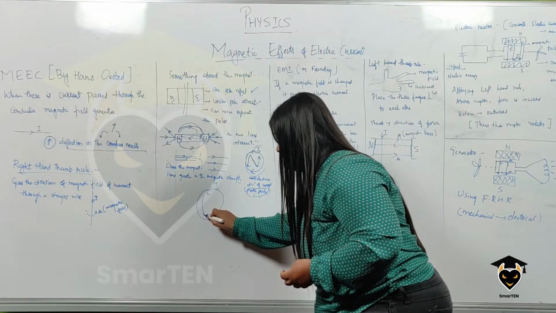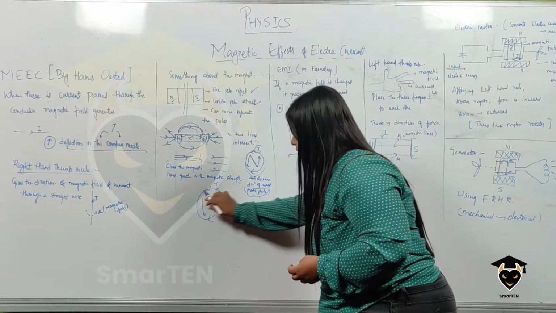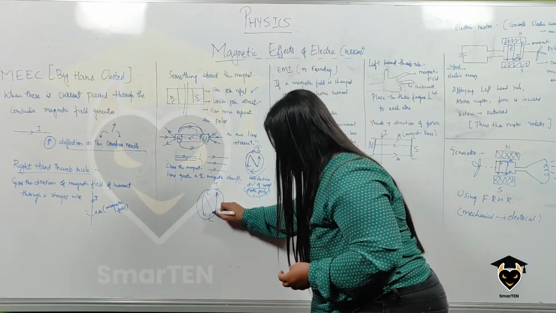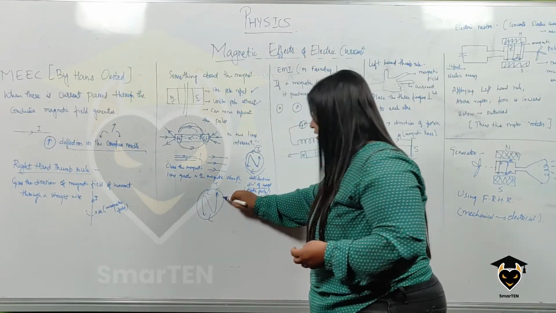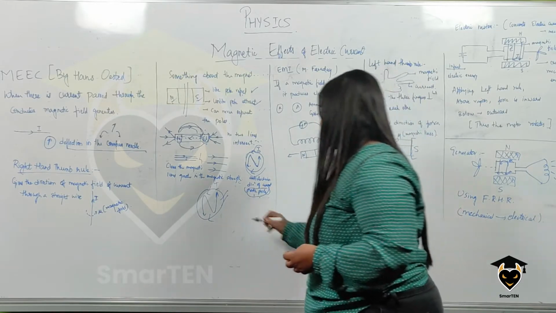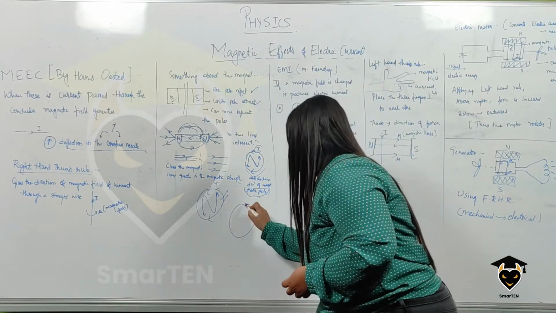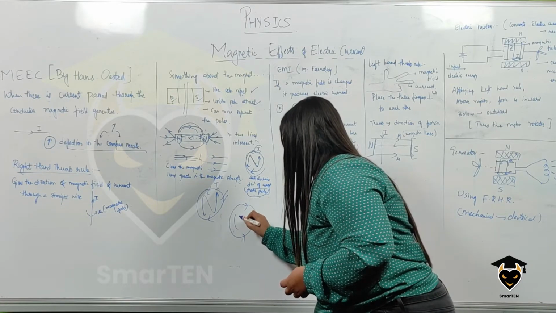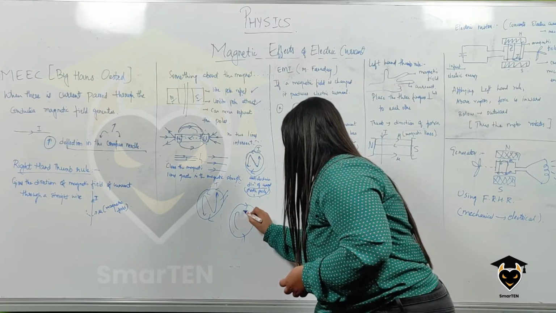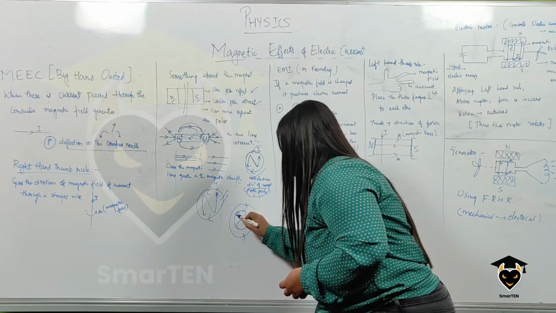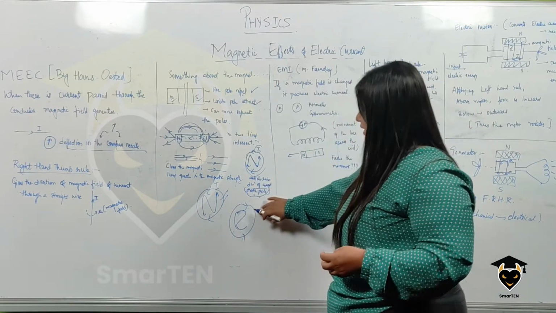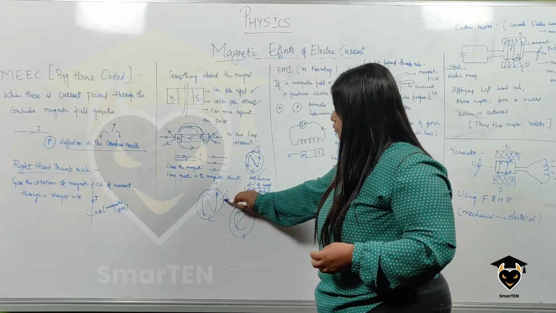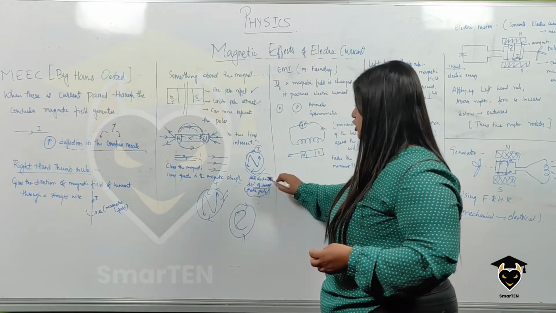The current is going like this and coming like this, which is anti-clockwise. You just have to join the lines, and this means it is north. If it is south, the current goes clockwise, like this. You just have to draw an S like this, and it will come out as an inverted S.